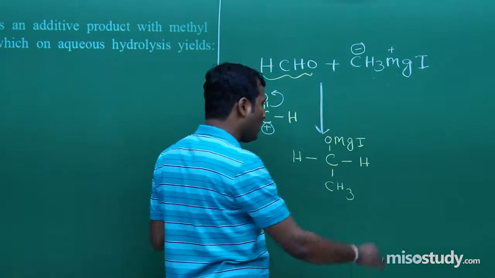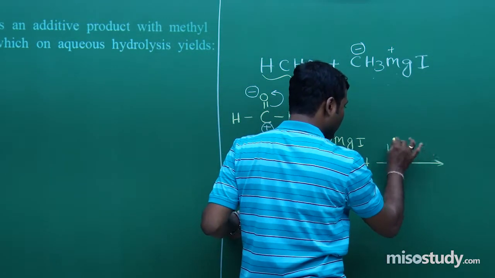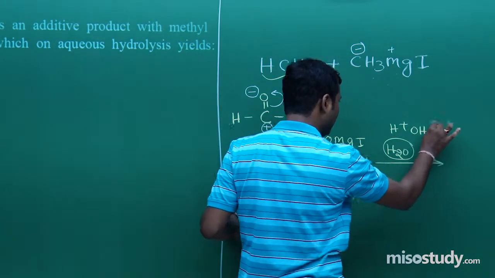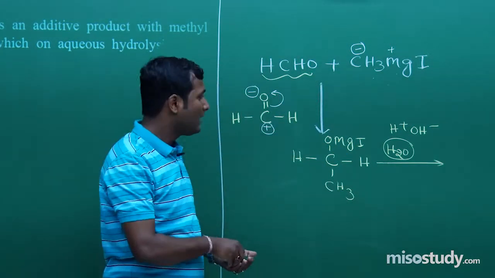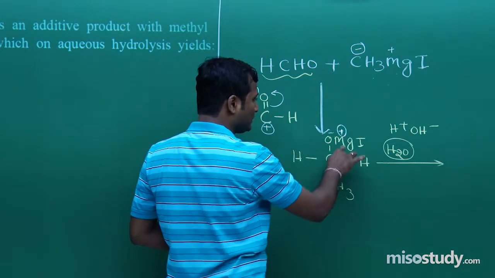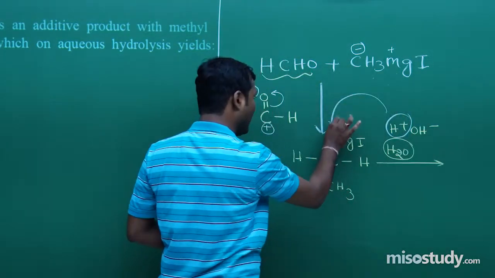Clear? Now on hydrolysis, in presence of H2O, it will break like this into H plus and OH minus. This one is minus and this one is plus, so this H plus will move towards O minus.